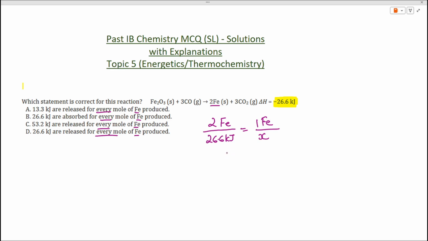To do this question, we have 2x = 26.6, and x = 26.6 divided by 2. So this gives us 13.3 kilojoules. So our correct option is: 13.3 kilojoules are released for every 1 mole of iron produced. This is the right answer.